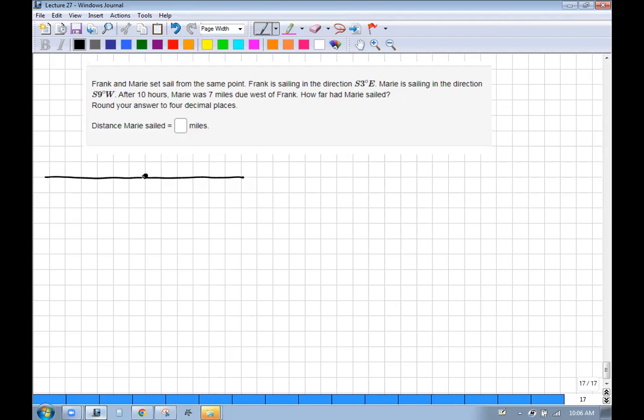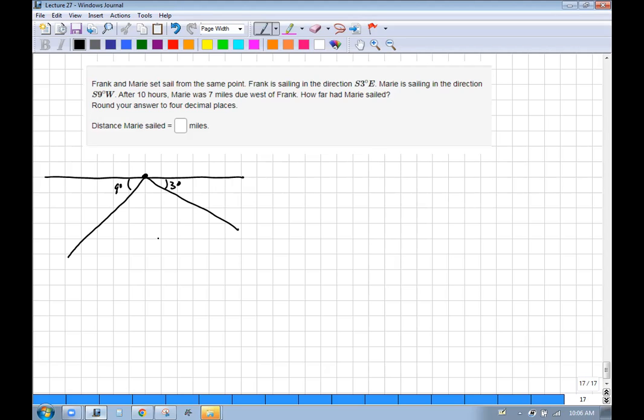One goes southeast at 3 degrees, of course, that's exaggerated. The other one goes southwest at 9 degrees.